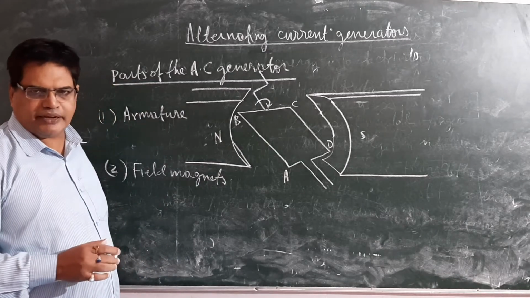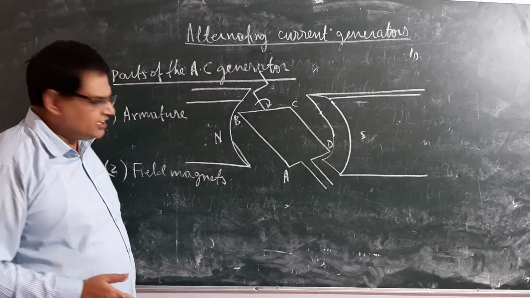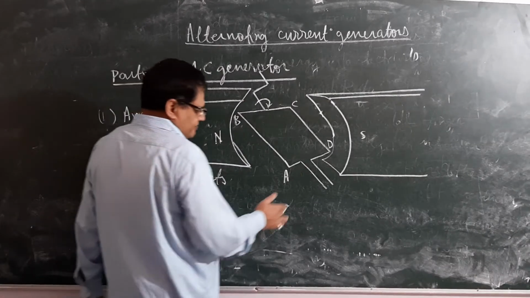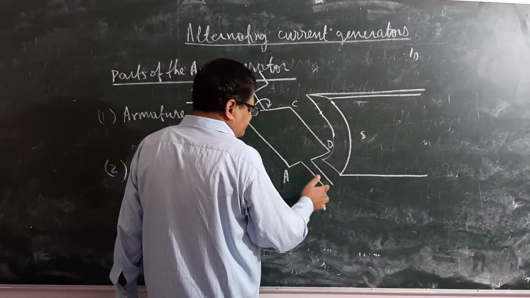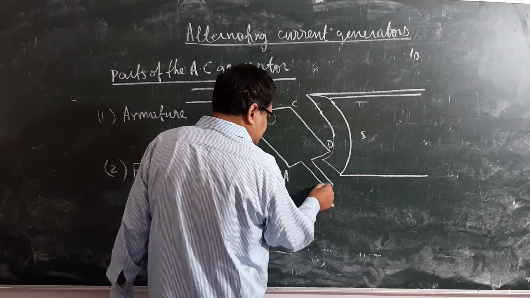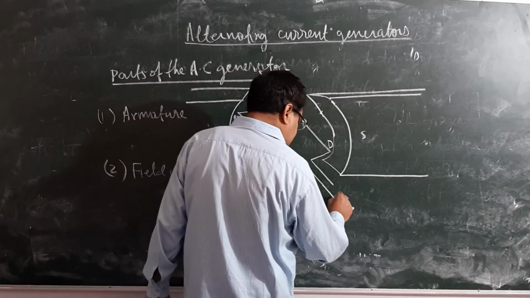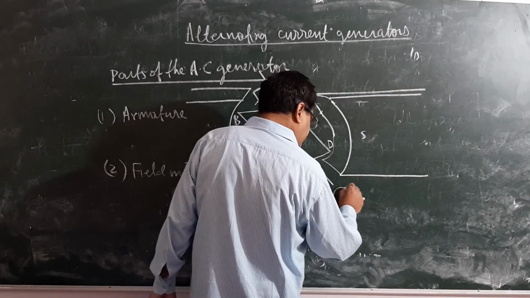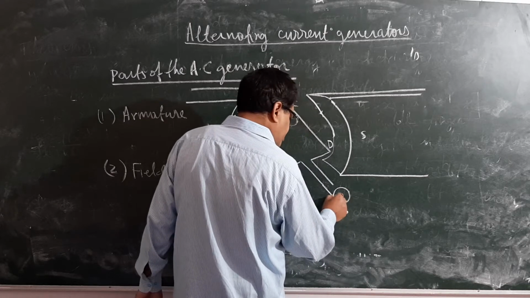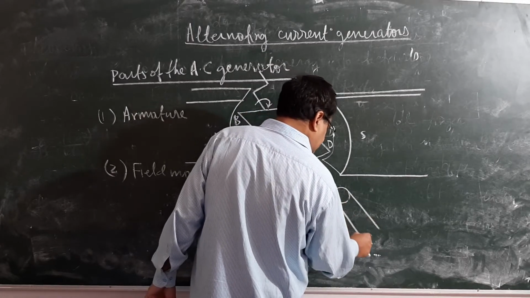When this cuts the magnetic flux, current will be induced in this coil. And this current will flow through these terminals, and these terminals are connected to slip rings. There is a part called slip rings. This is attached to the terminals like this.